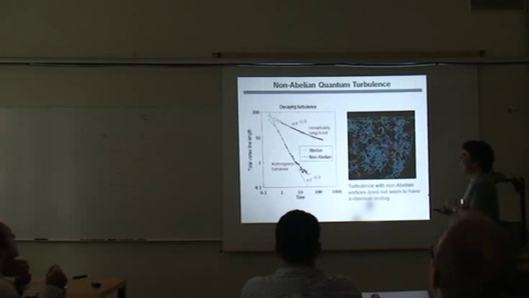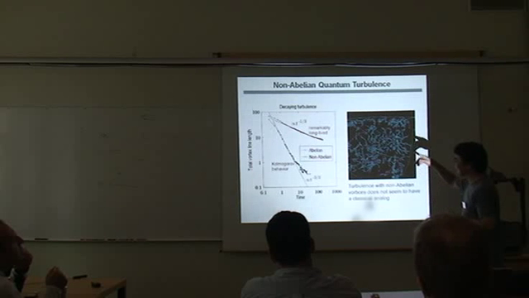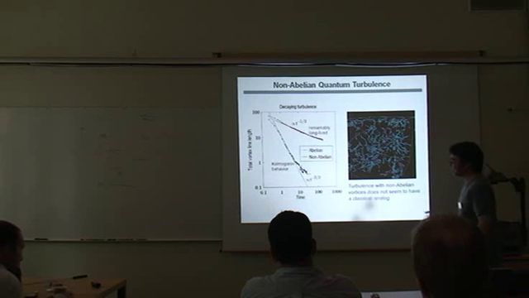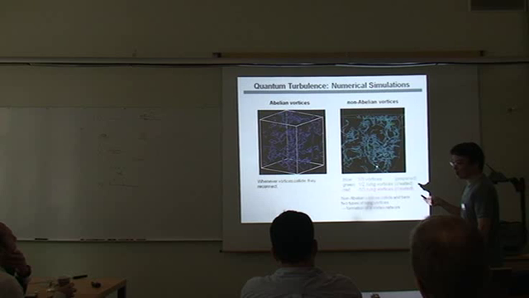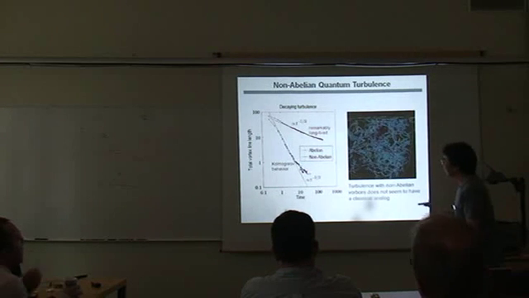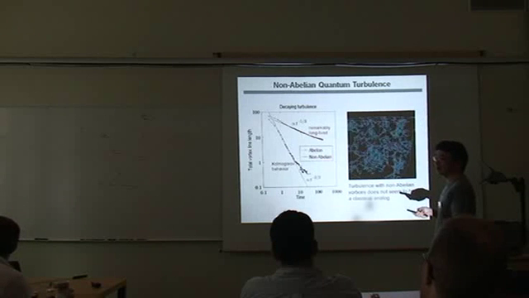What we did is just to calculate the total vortex time legs as a function. We compared this case and this case, abelian versus non-abelian. For the abelian case, we will see Kolmogorov type power.